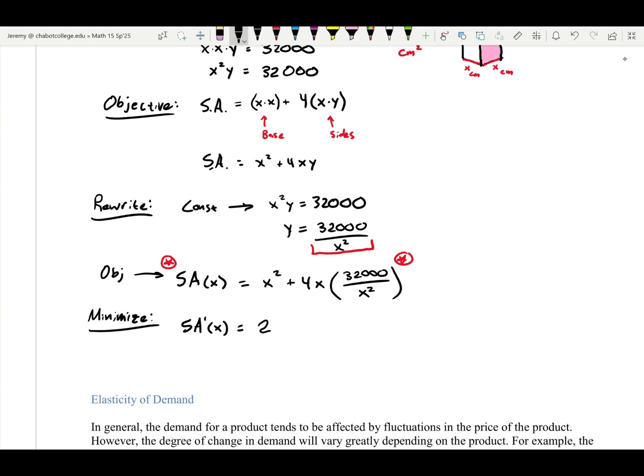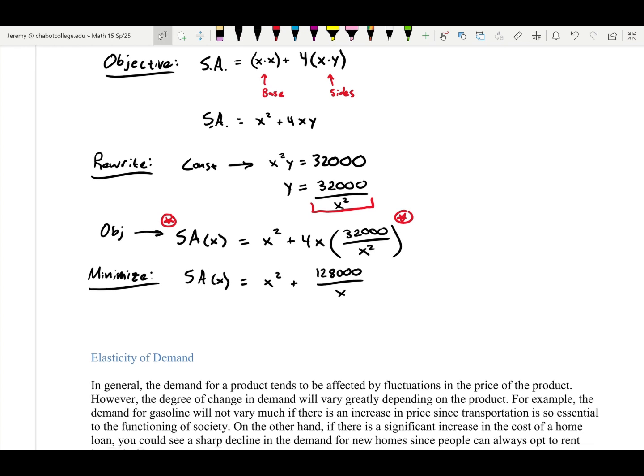Actually, sorry, let me simplify a little bit. I can leave this as x squared, but I can write this as plus 4 times 32,000, I get 128,000, and then an x in the numerator cancels with an x in the denominator, so I get 128,000 just over x, because of those common factors.